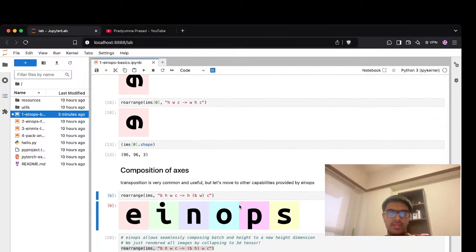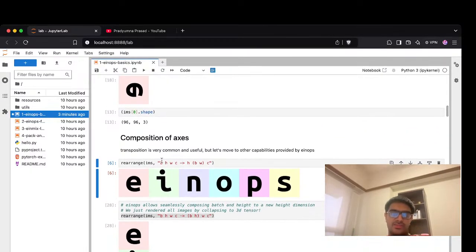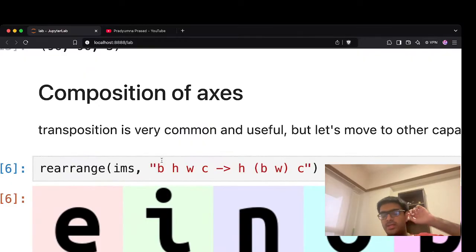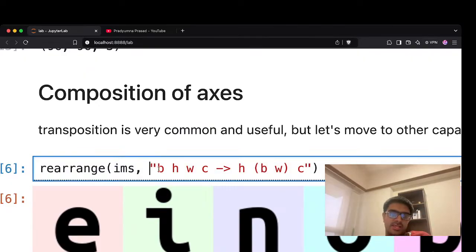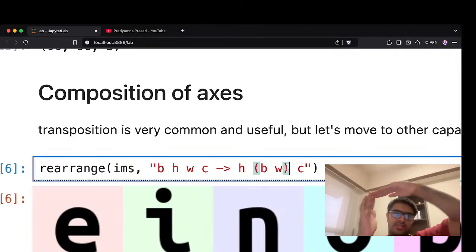Then we go to this thing called composition of axes, which is super fun. What is happening here is that IMS is a 6 by 96 by 96 by 3, and we're combining the B and W. So there's some 96 by 96, 96 by 96, and so on, 6 of these, right? That's the batch.